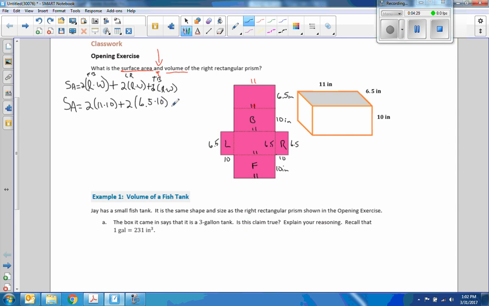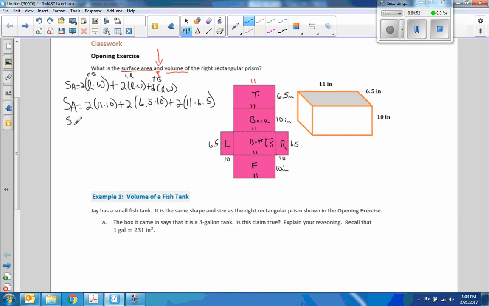So 6.5 times 10, plus 2 of the top and bottom. So top, bottom are both 11 by 6.5. So there's 2 of them. 11 times 6.5.